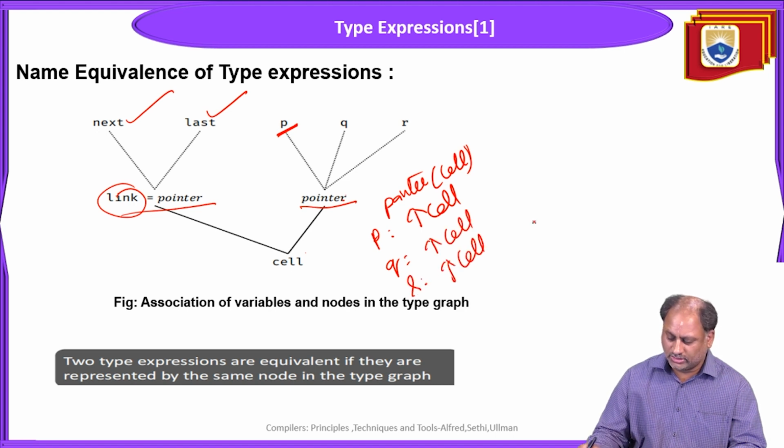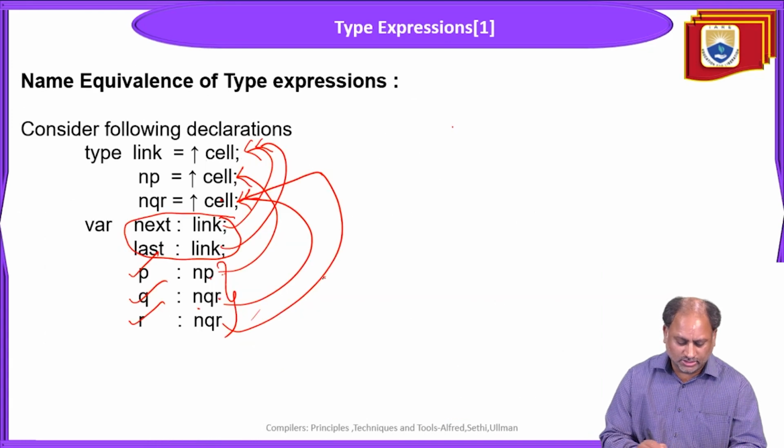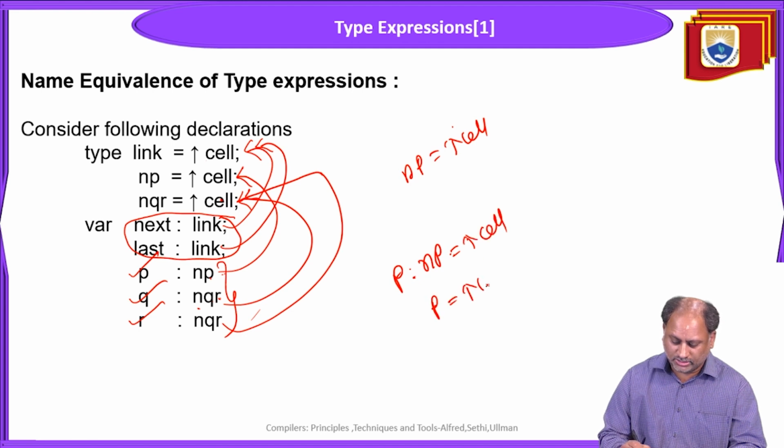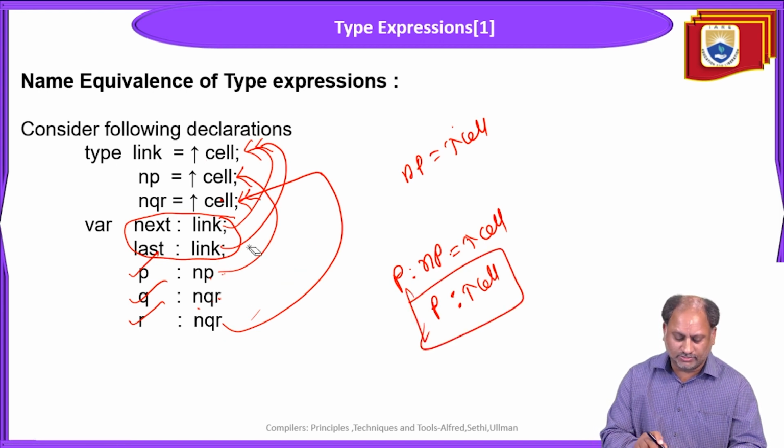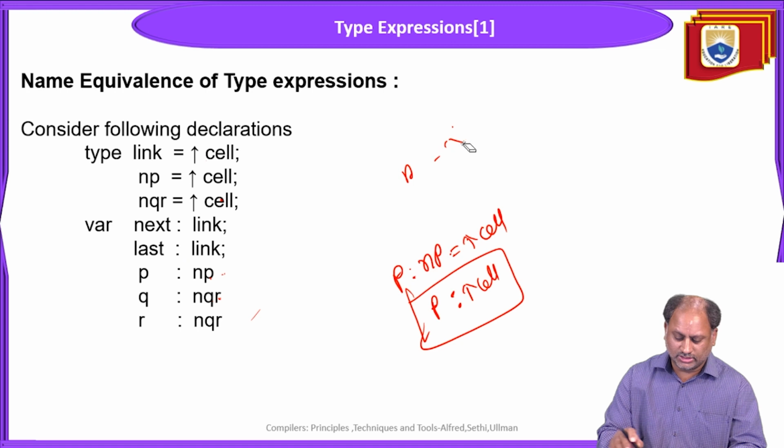Pointer cell. The same expression here, P is NP. What is NP here? NP is pointer cell. So that is written as NP equals pointer to cell, so P is pointer cell. In that way we are going to declare it as a type graph notation, pointer to cell.